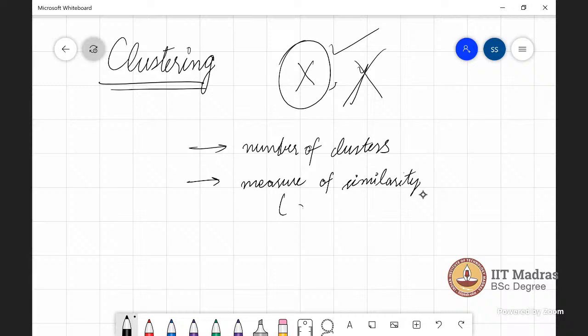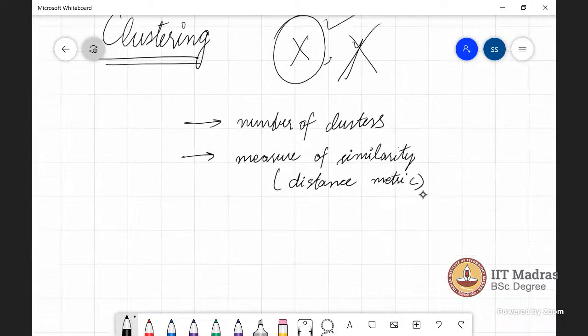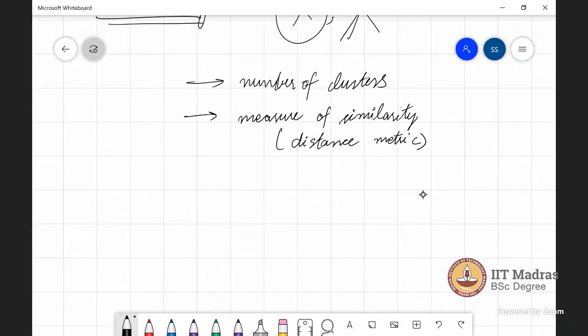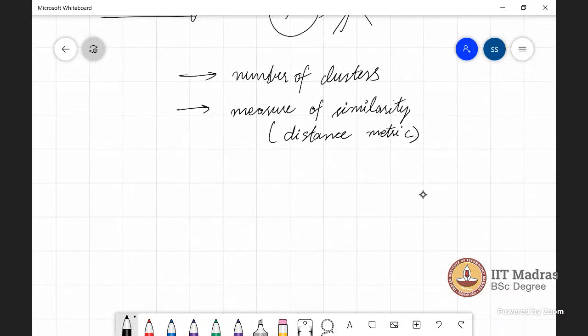Which is also actually a distance metric. Okay, so now whenever we receive a data set which is not labeled, we do not know what a good number of clusters is.